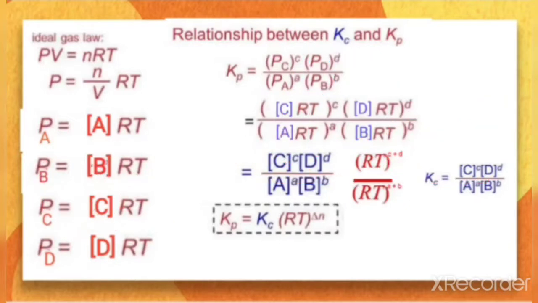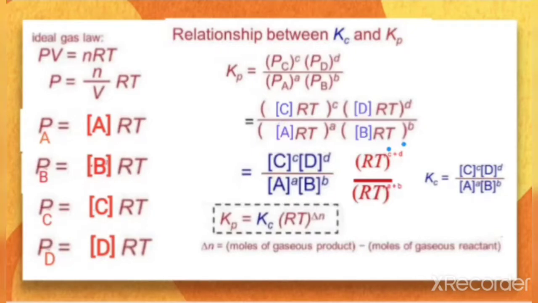So what formula did we get now? We got Kp is equal to Kc (RT) to the power delta n, where delta n is equal to the moles of gaseous product minus the moles of gaseous reactant, because as we have already discussed, c and d are the stoichiometric coefficients on the product side.